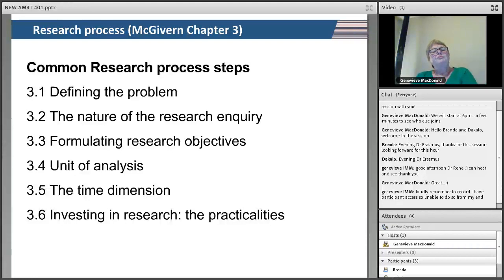So your most common research process steps are defining the problem, the nature of the research inquiry, formulating research objectives, what is my unit of analysis, and determining whether this is doable in the time frame and the money, etc. We have to look at the time dimension, and in the end the company has to make the decision whether this research, spending the time and the money, is worthwhile.